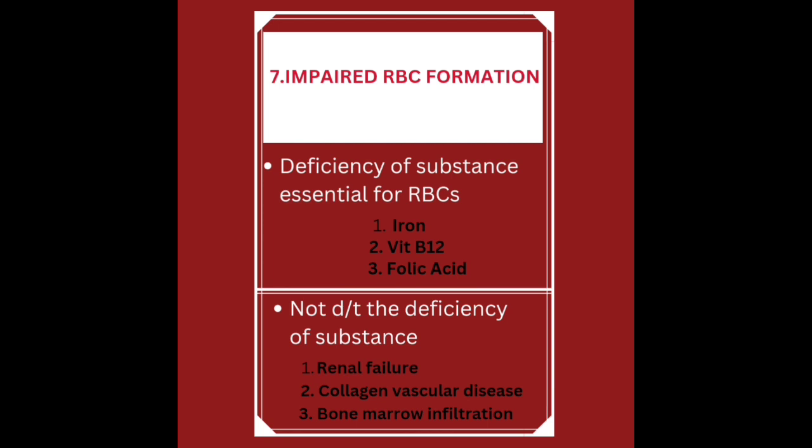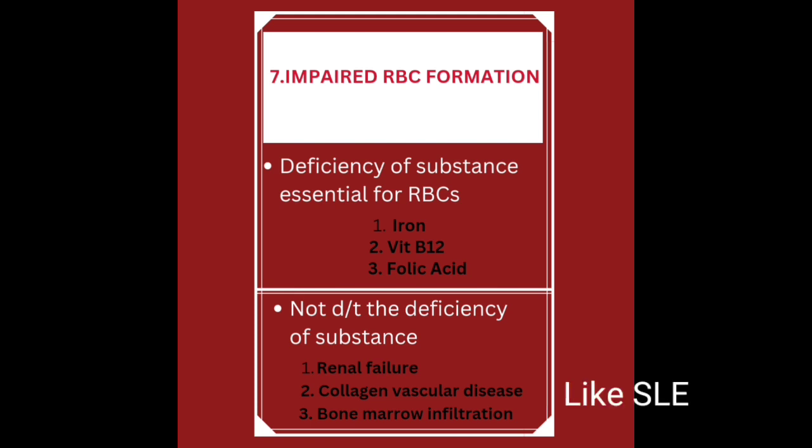Then the second category is not due to the deficiency of a substance essential for RBC formation. In this category, there is renal failure, collagen vascular disease and bone marrow infiltration. For renal disease, you have to ask about polyuria and take the history of dialysis.